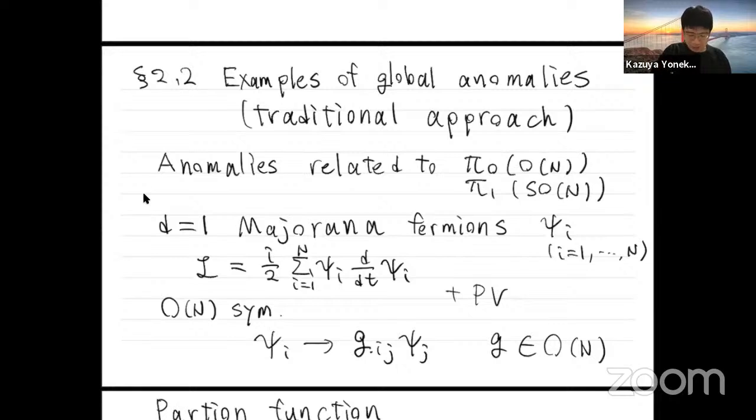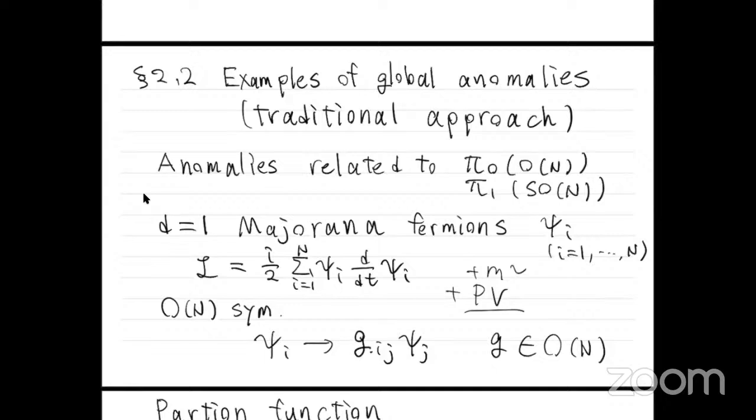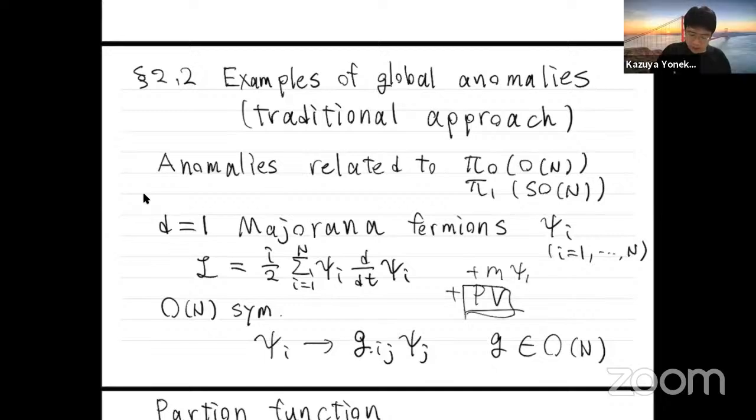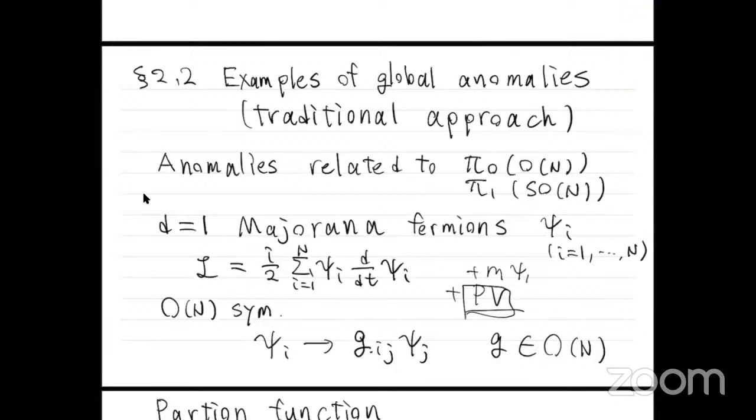Sorry, maybe let me say that. I tried to say that this Pauli-Villars does not work in this theory, because if we try to write down some mass term in this theory, it breaks the symmetry. Yeah, that's right. So this Pauli-Villars regularization does not work. So there's no regularization which preserves this O(N) symmetry. So we need to impose this charge conjugation symmetry.